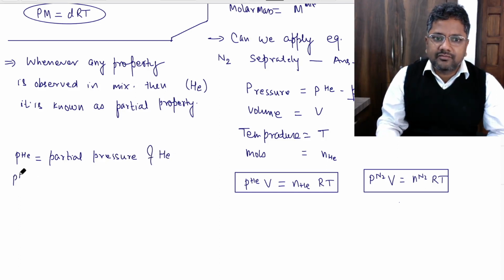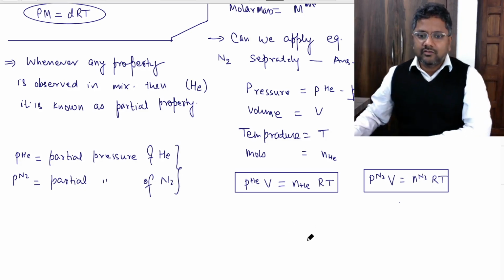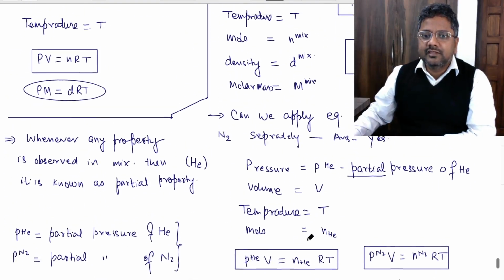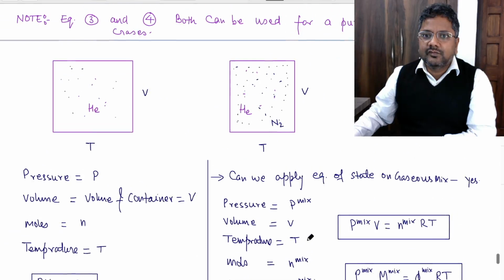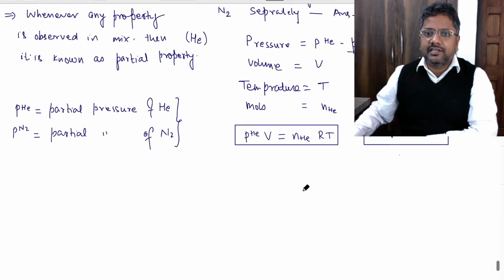And P of N2 is equal to partial pressure of N2, right? Now, in this case, can we write this equation?